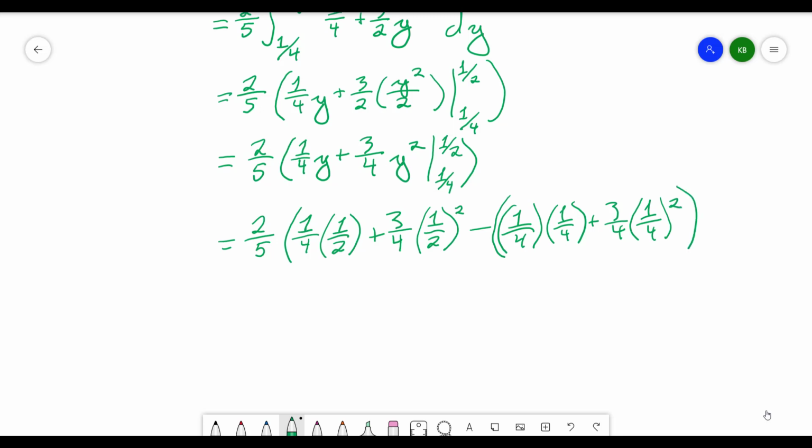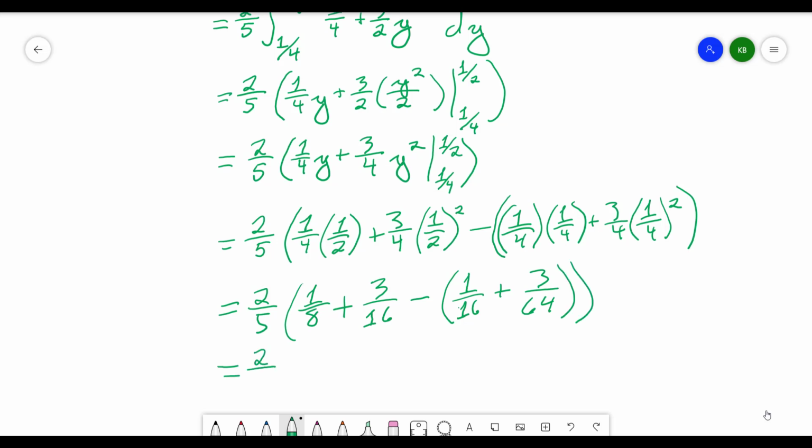Now I just have to simplify everything, so I still have 2/5 out front, and 1/4 times 1/2 is 1/8, plus 1/2 squared is 1/4, and 3/4 times 1/4 is 3/16. And I'm going to subtract from that 1/4 times 1/4, which is 1/16, plus 1/4 squared is 1/16, times 3/4 is 3/64.